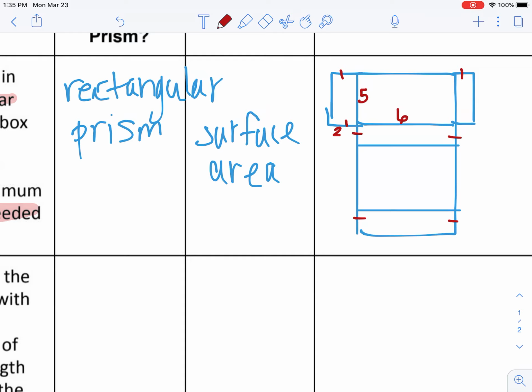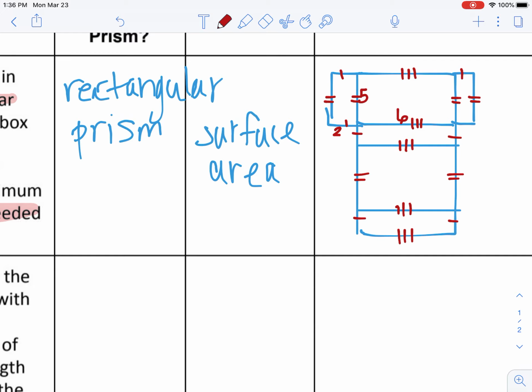The pieces that are 5, this piece and this piece are 5, that and that are 5, because these are all the horizontal measurements. And anything that wraps around the middle of it is going to be those 6-inch measurements.